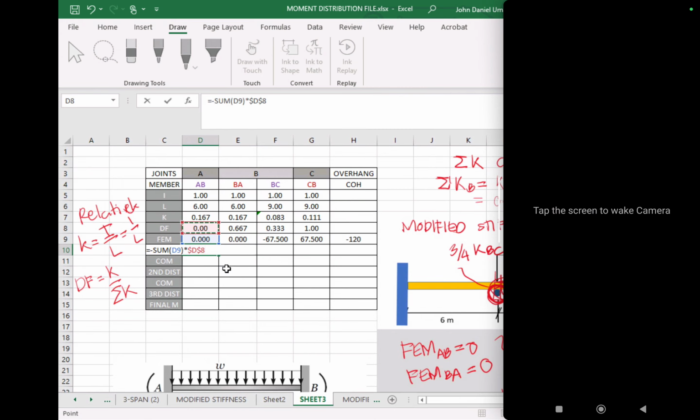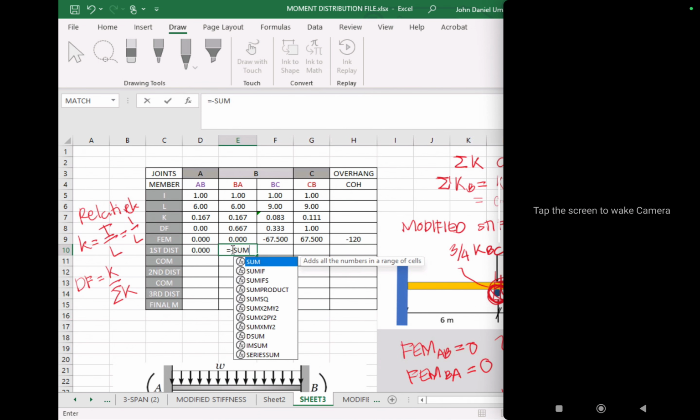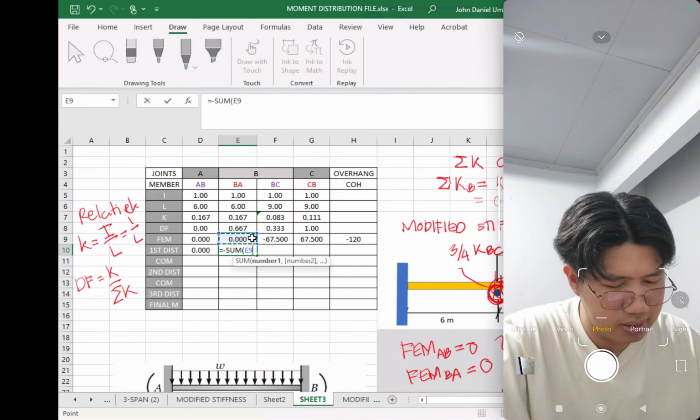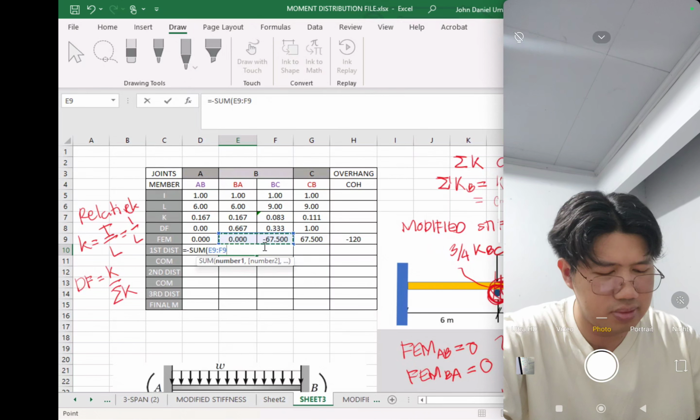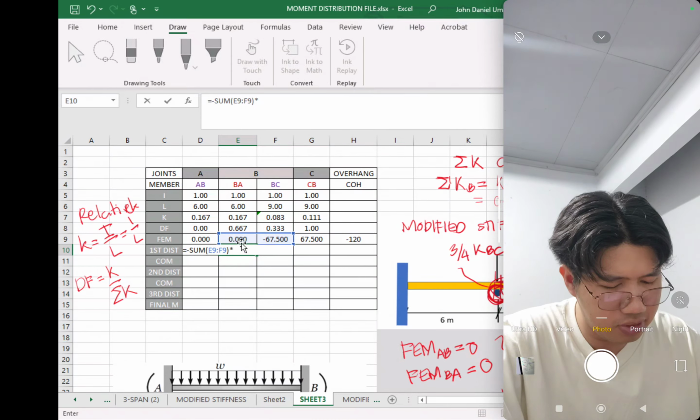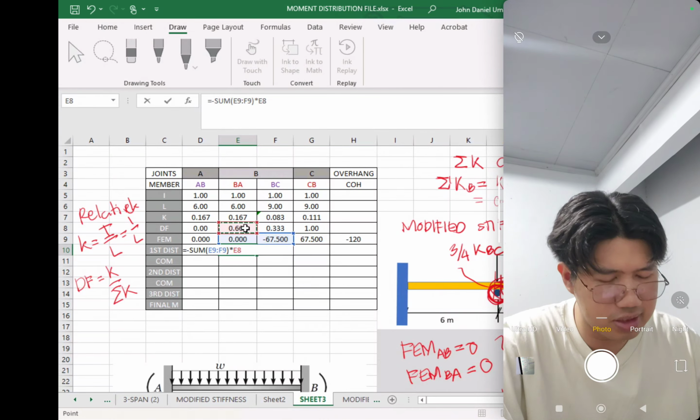And then, sa Excel, I just lock that cell para hindi mag-move. Okay? Pagdating dito, this is equals to negative sum of these two times, kasi yan yung mag-act na moments at joint B, times this distribution factor.